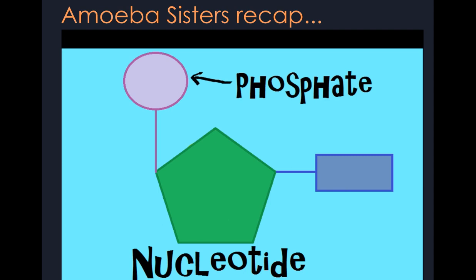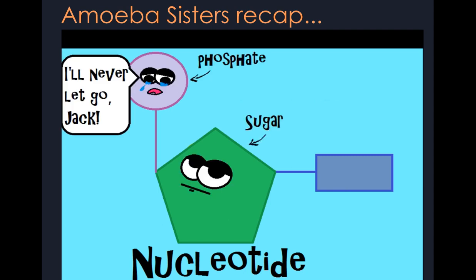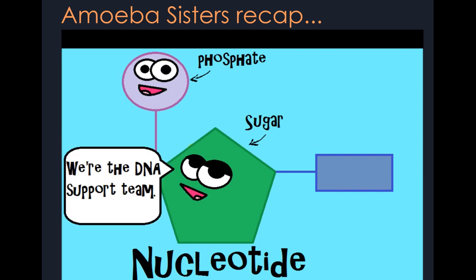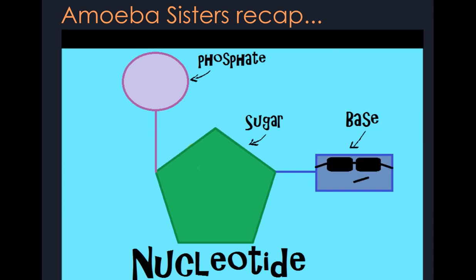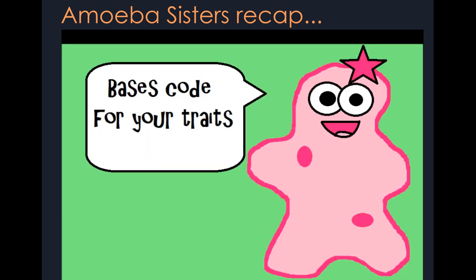The phosphate is involved with the sugar in helping hold the DNA structure together. We sometimes call DNA as having a sugar phosphate backbone. But the most important part of the nucleotide is the base, because the bases actually code for traits. So as far as the bases go, again, those are the important parts that control your traits. They really directly code for your traits.